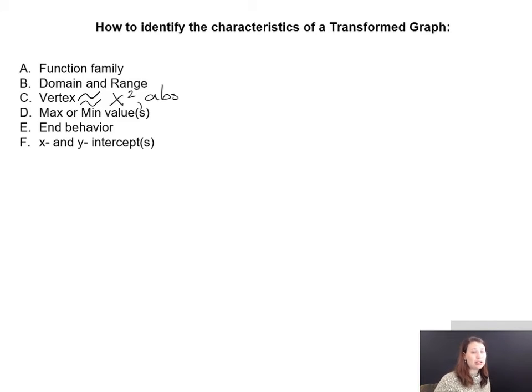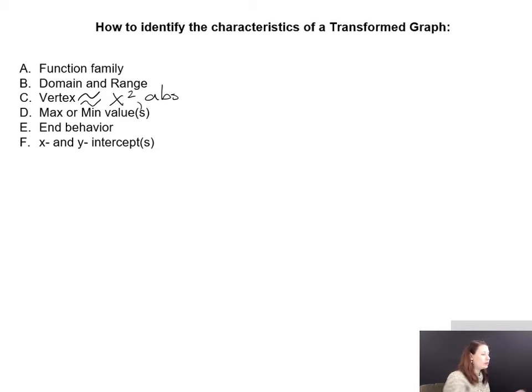Then x and y intercepts. Those are always good to think about because they can give you some good points. If I know my x-intercepts, I know where it is along the x-axis. If I know my y-intercept, again, I know how far up or down that point is.